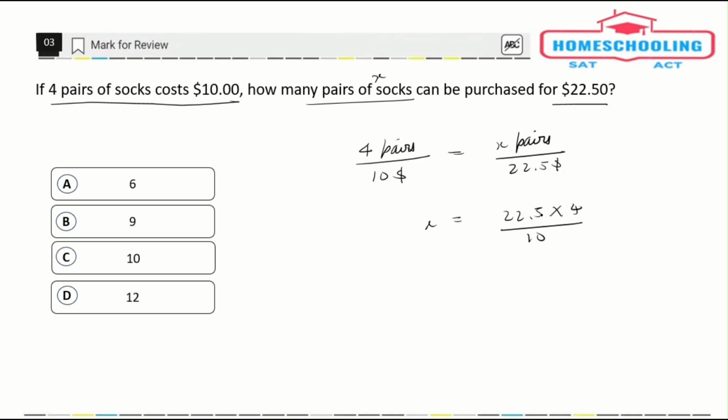So 22.5 into 2 would be 45, and into 2 that would be 90. So 90 divided by 10, so it will go 9 times. So option B will be your correct answer. So 9 pairs of socks can be purchased for $22.50. Now moving to the next question.